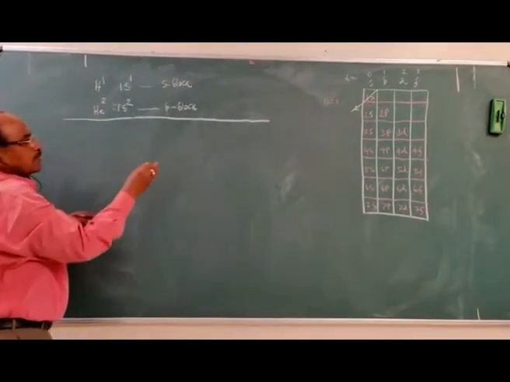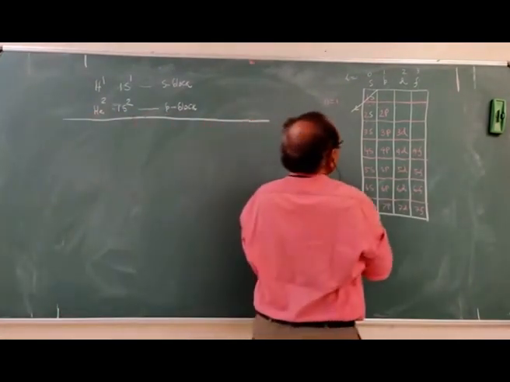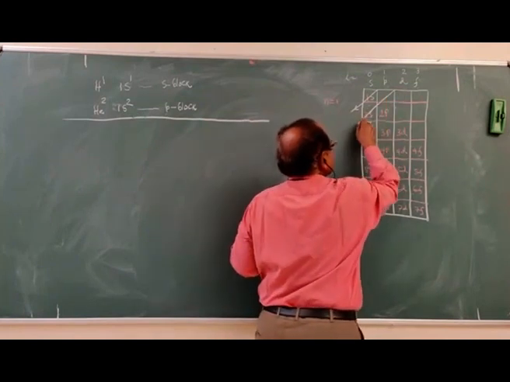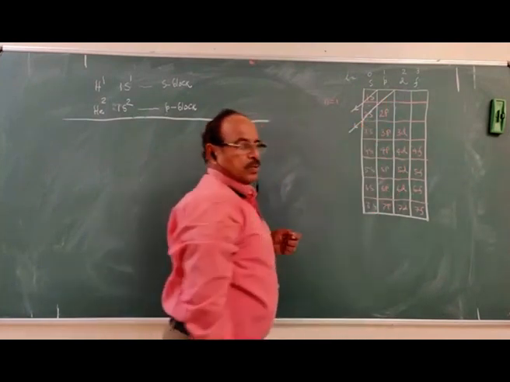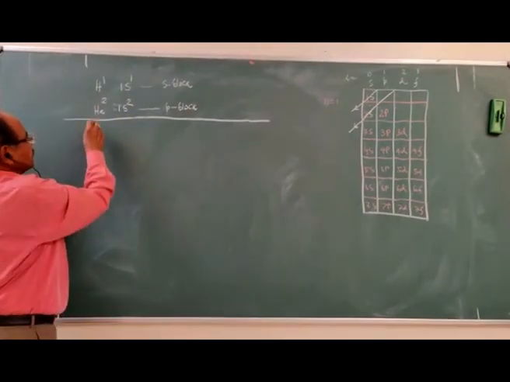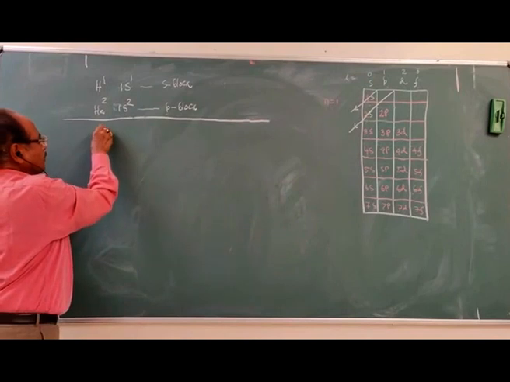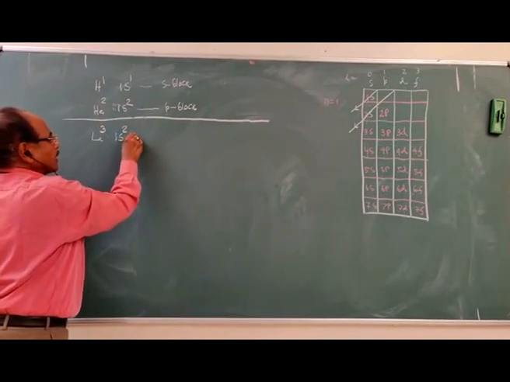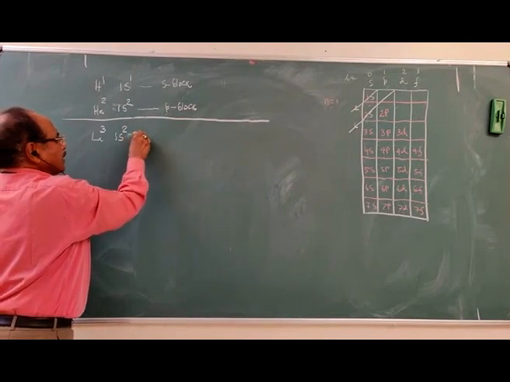Now comes the second shell. The electron will go to s. So lithium, atomic number 3, is 1s2 and 2s1.